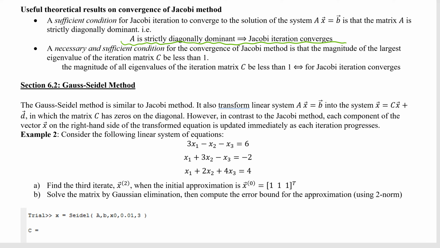Usually we don't really check that, because finding the eigenvalues of a matrix takes more work than using the Jacobi method. So far, so good, everybody. Okay, section 6.2, Gauss-Seidel method.